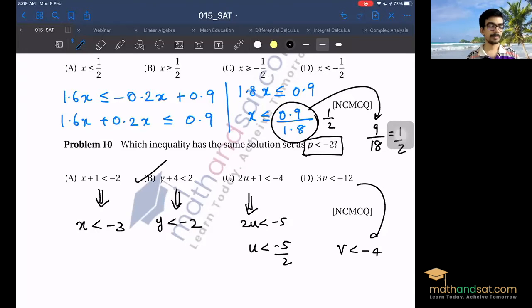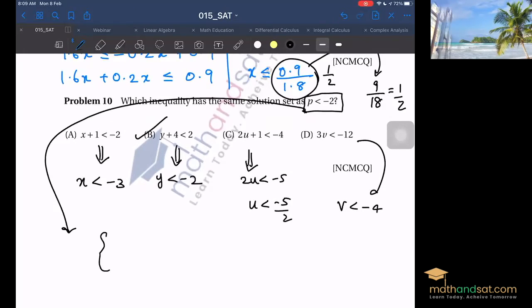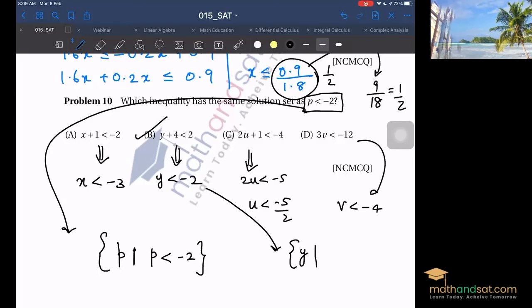All right. When you represent the solution set on the graph, it will represent the same thing. Or if you represent it as a set, the original expression can be represented as the set of all p such that p is less than minus 2. This can be represented as the set of all y such that y is less than minus 2.